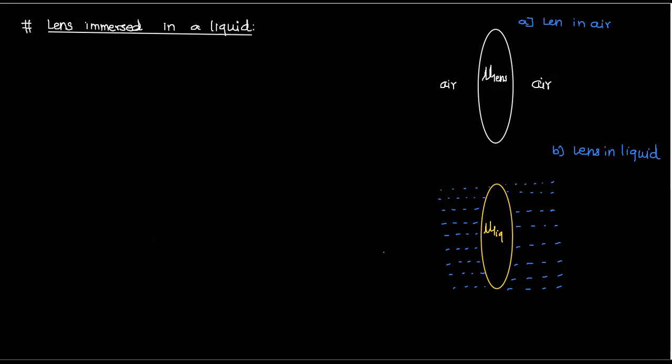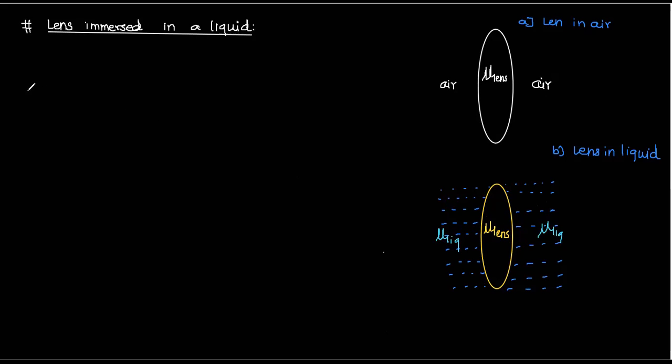This side liquid. This is lens only, the inside part. So I will write here lens only. This side I will write mu liquid. Here also the refractive index of liquid only. These are the two cases.